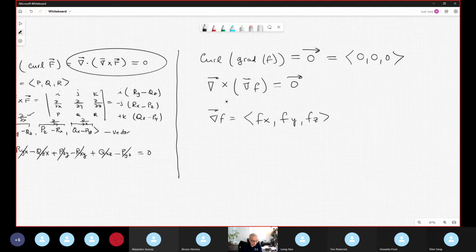It's a vector field, of course, because it varies depending on the point. However, when you compute the curl of this, it's the famous cross product, the symbolic notation.